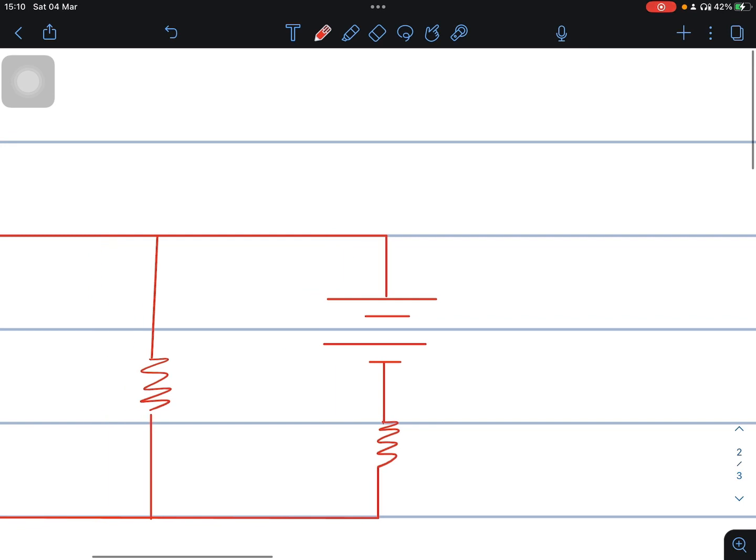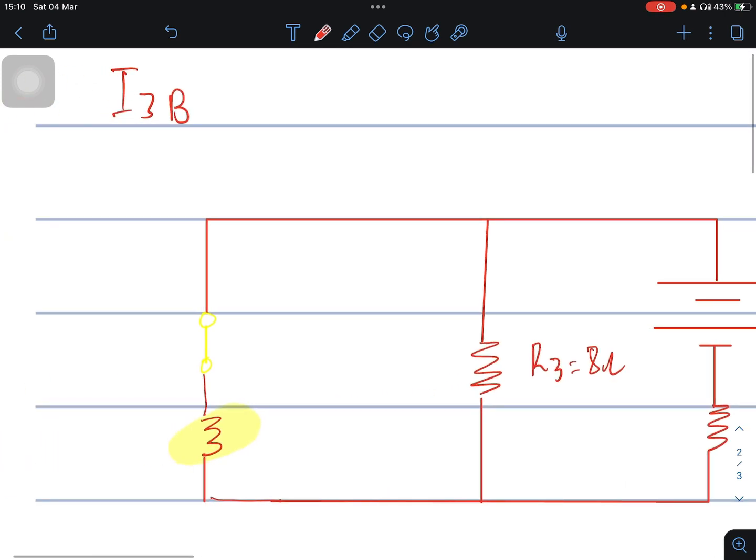This source is 7 volts, which is source B. R2 is equal to 6 ohms. Then we have R3, which is equal to 8 ohms, and R1, which is 4 ohms.